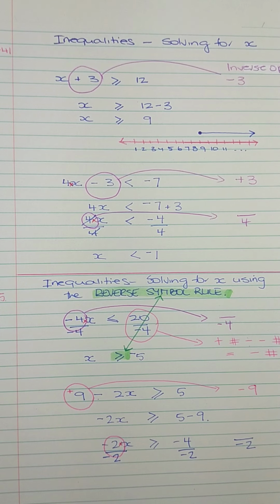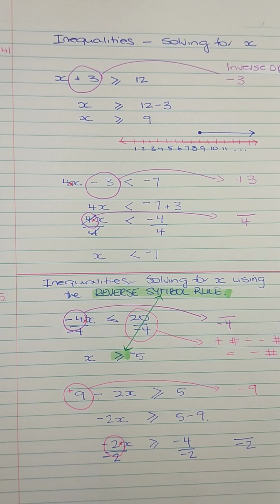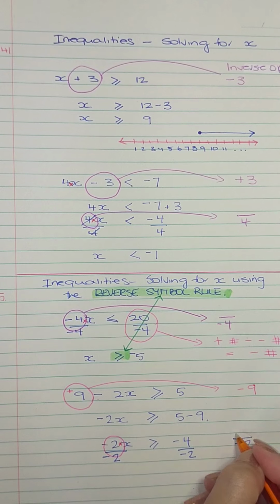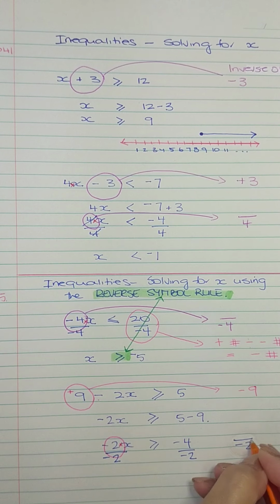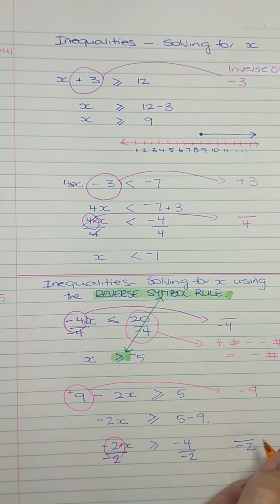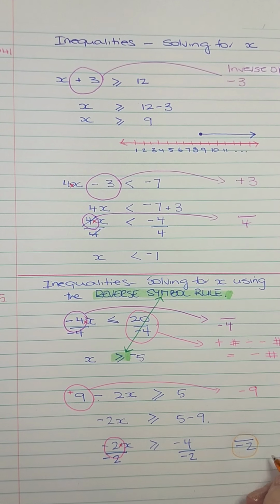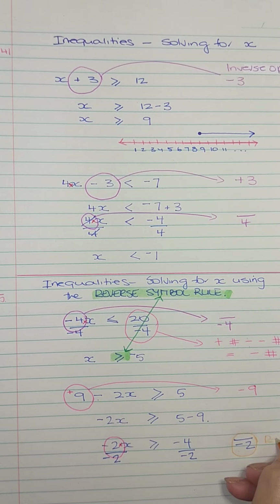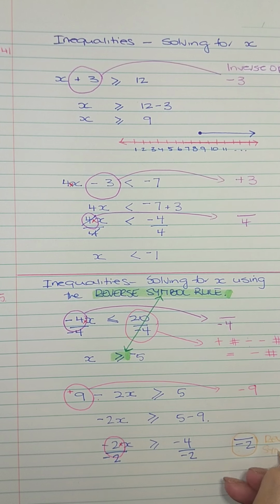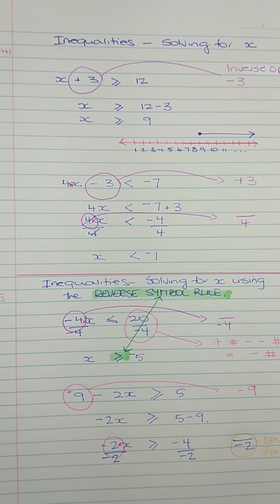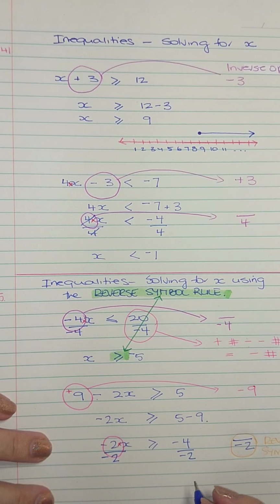Alarm bells should be going off in your head. Divide by a negative number. Oh, I have to incorporate the rule. The rule states that if we divide by a negative number, we have to reverse the symbol. So let's reverse that symbol before we get too carried away.